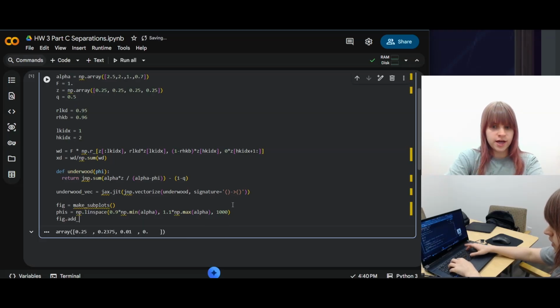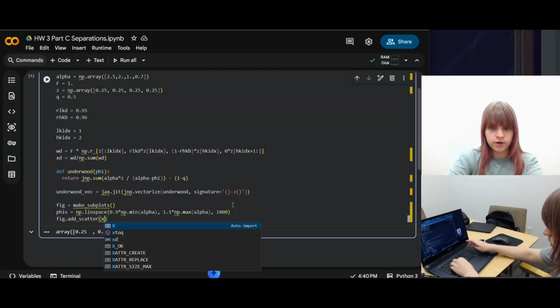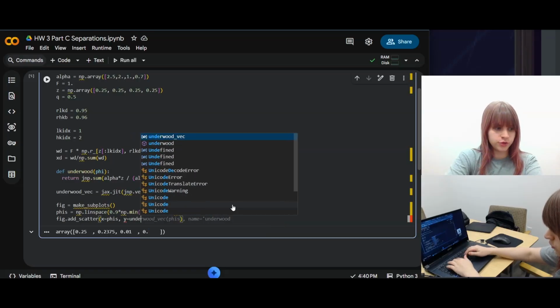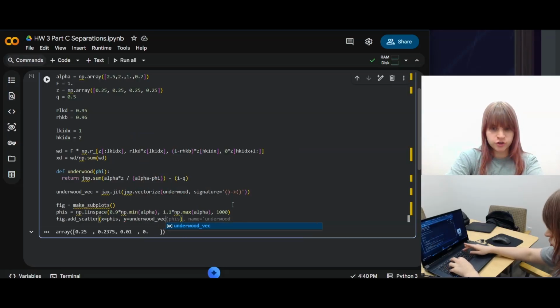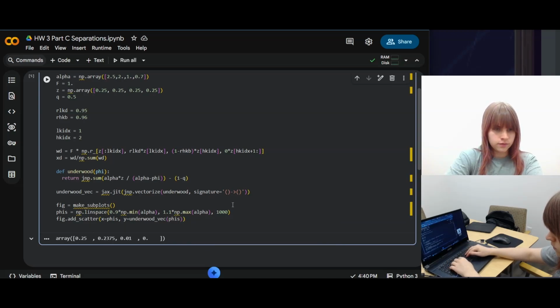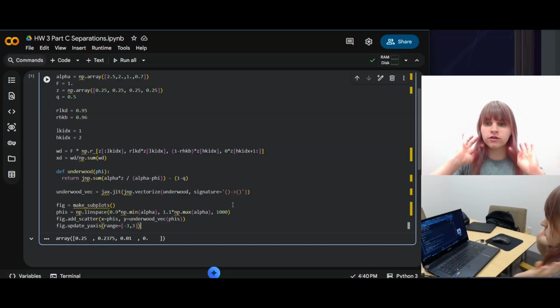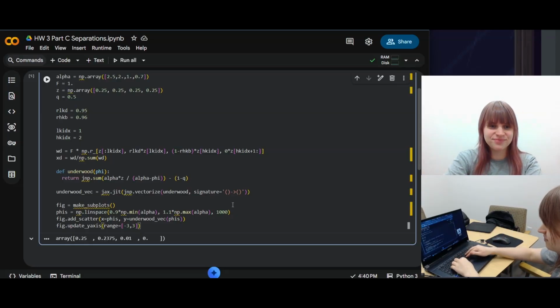We would like to add a scatter where the x is the phi's, y is the Underwood vectorized version. We want to update the y-axis so that we don't have a crazy range, because we're just trying to look at the roots, so where the lines cross the x-axis.